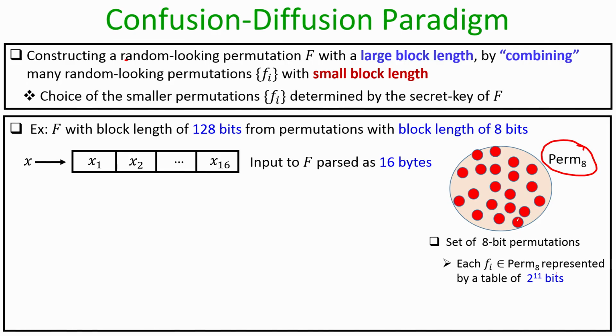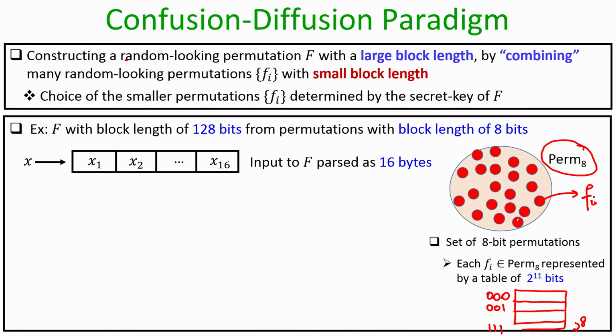Each of these permutations, say this particular permutation f sub i, you can interpret as a table consisting of 2 to the power 8 entries, where the first entry denotes the value of the permutation on the input all 0, the second entry denotes the value of the permutation on the input 001, and like that the last entry denotes the value of the permutation on the input 111.